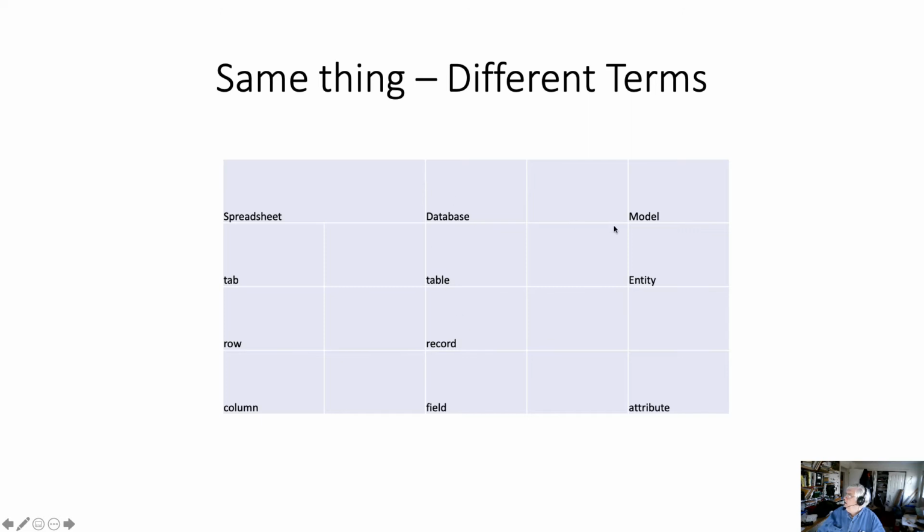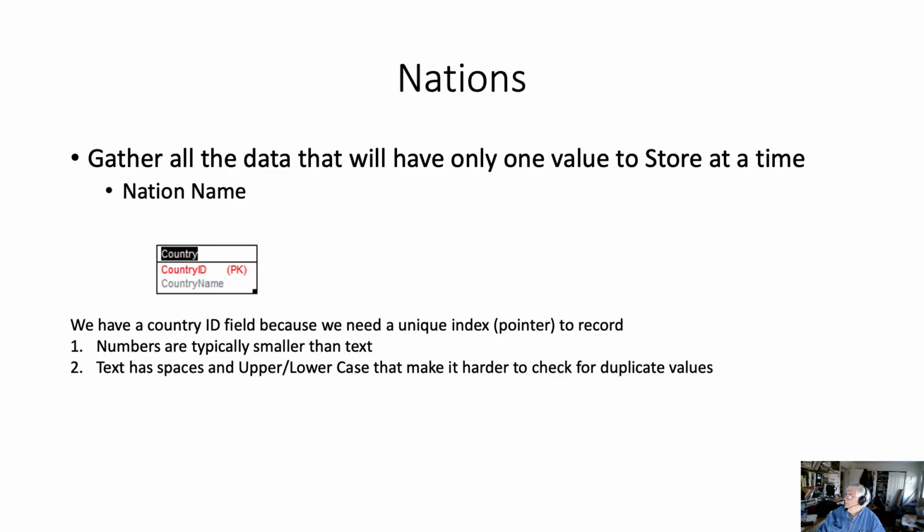Because this is a model, we really don't have rows because that's actual data. We're just modeling. This is like the structure you would put it into, where a tab would be called a table in a database. In a model, it's called an entity. And there are some other names floating around out there, but the concepts are the same.